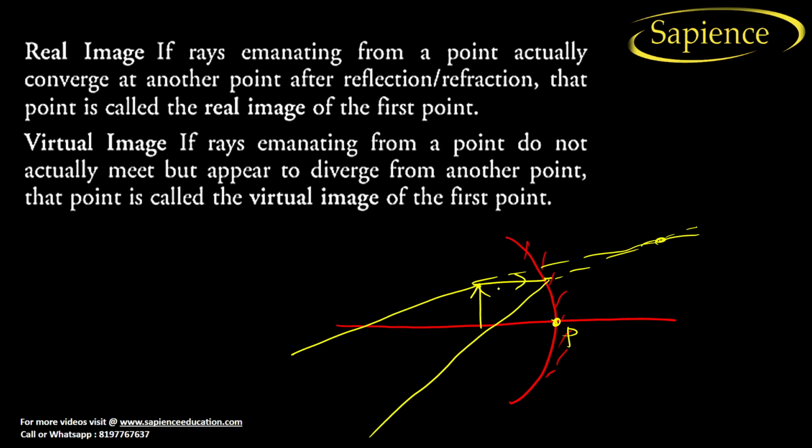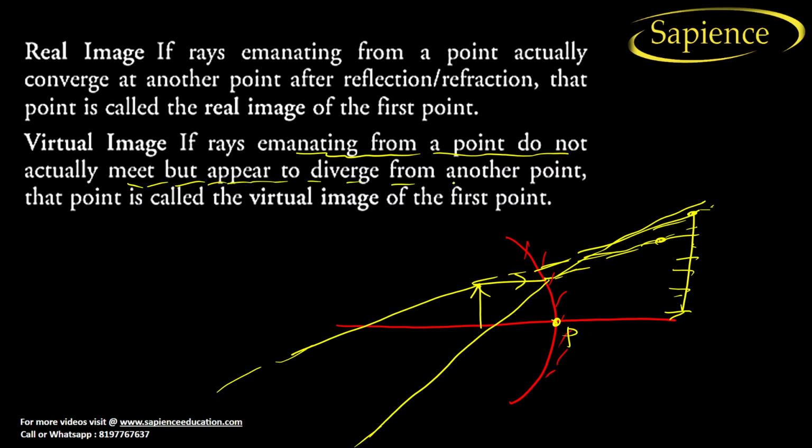Actually, the light won't converge, so definitely the rays are not going to meet. But when you observe from the back side, you will find that the image appears to be forming behind the mirror. That is a virtual image: if rays emanating from a point do not actually meet but appear to diverge.